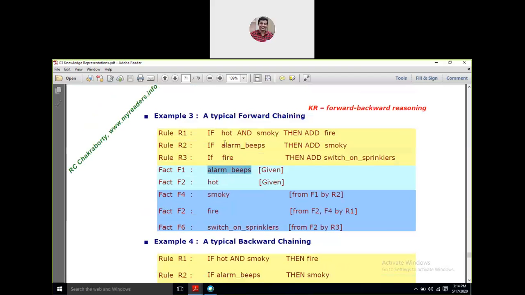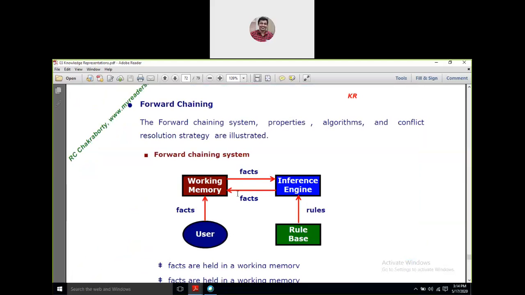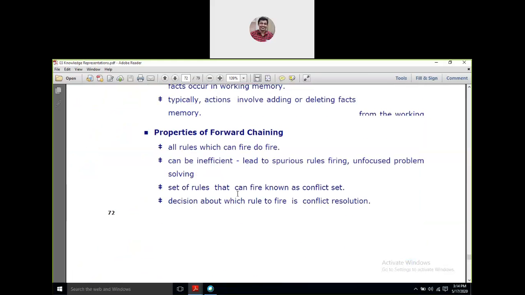There is a rule that matches exactly with that of the working memory, and you'll be adding the further information generated by the matched rule. That means add Smoky, and I'll be adding that to the working memory.